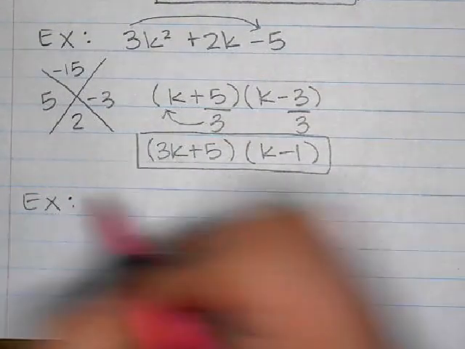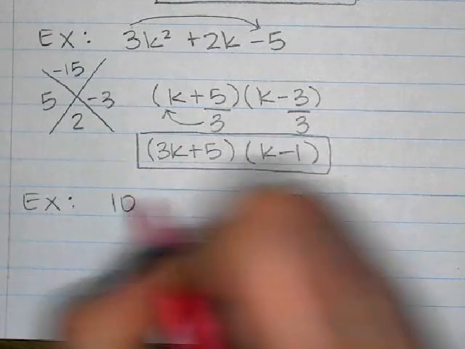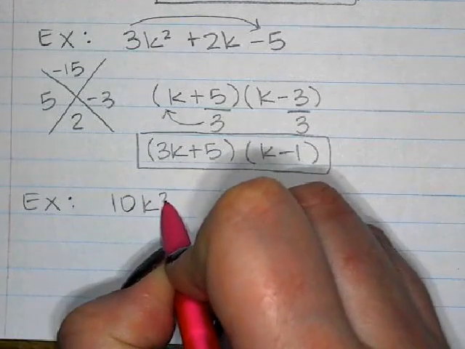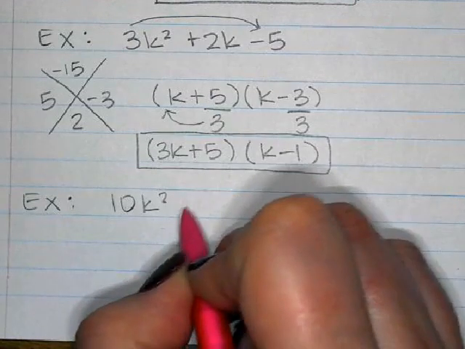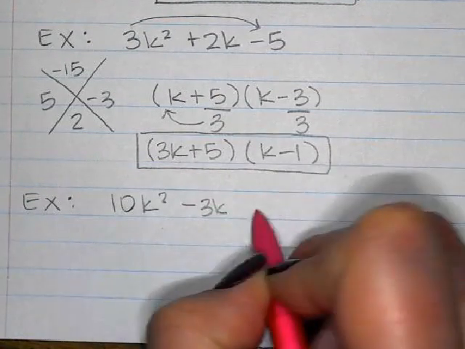Okay, let's do 10k squared minus 3k minus 1.